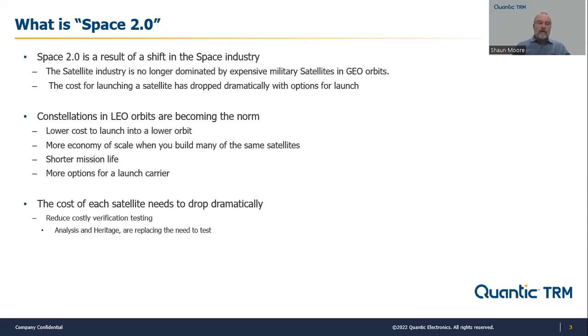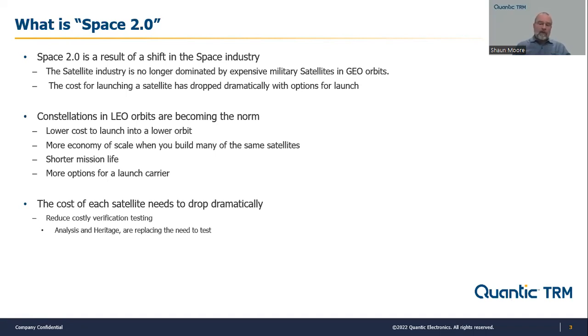So what happens here now is that the cost to launch has dropped dramatically. The number of people who are having these launches is greater. There's more people now being launched.